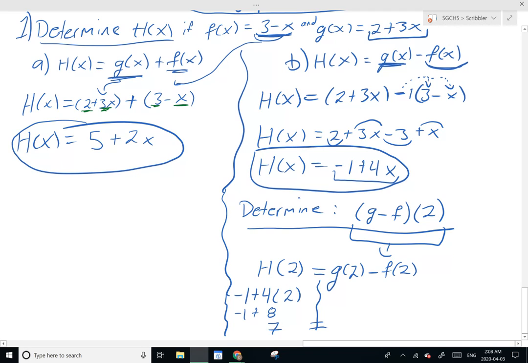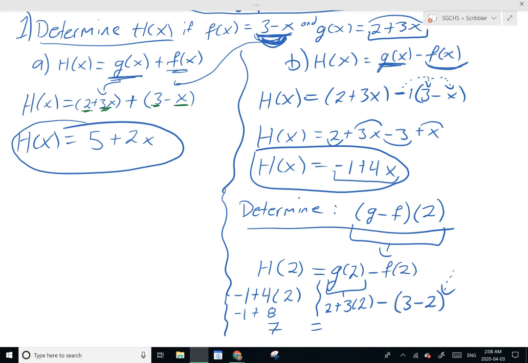There's another way of doing this: taking our original function g of x and plugging 2 in there. So 2 plus 3 times 2, and then subtracting f at 2, which would be 3 minus 2. I got this from up top on the screen, and for g at 2, I used the equation of g of x and plugged in 2 for x.